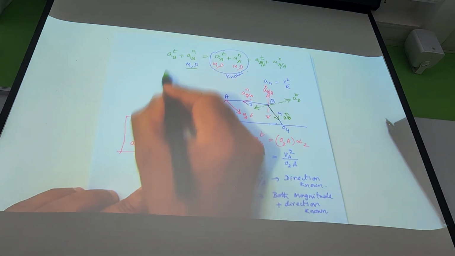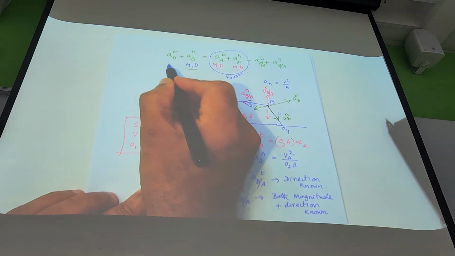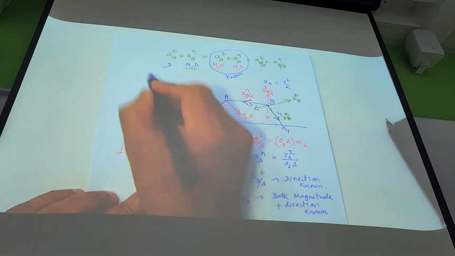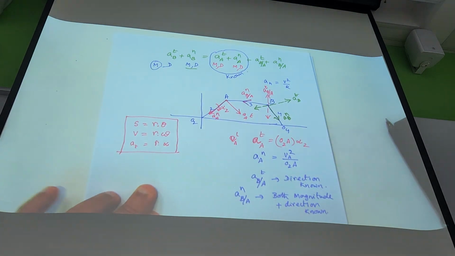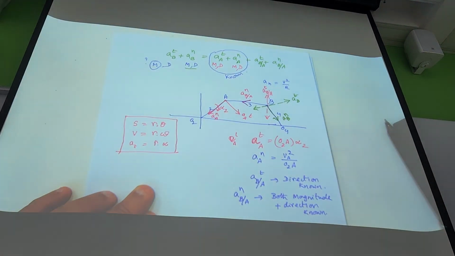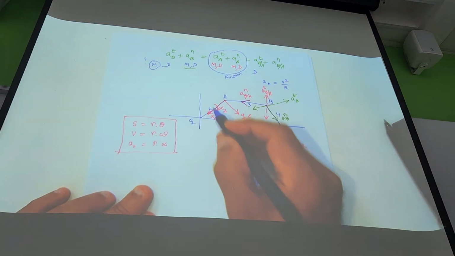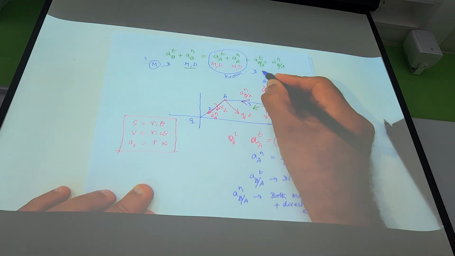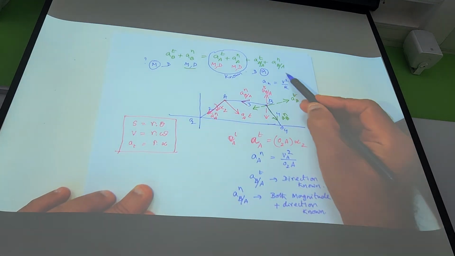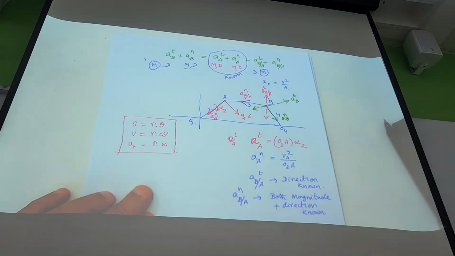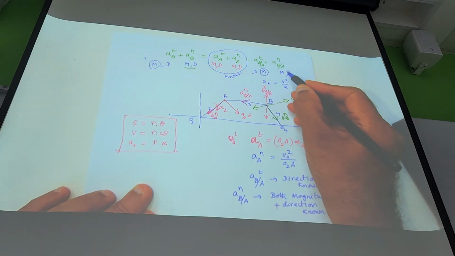For acceleration of B tangent, you know the direction, but you need to find out the magnitude. Similarly, for BA tangent you know the direction and need to find the magnitude, and for BA normal you know both magnitude and direction.